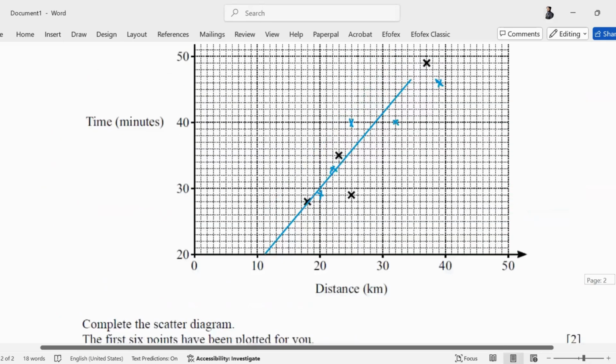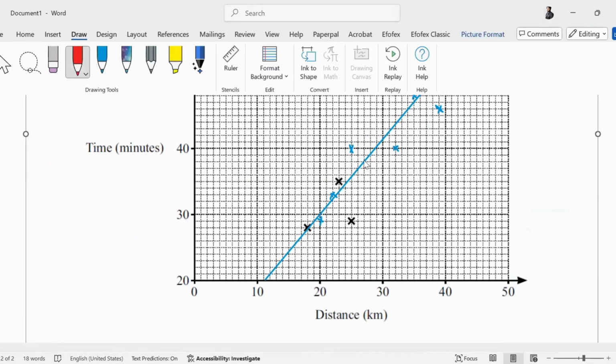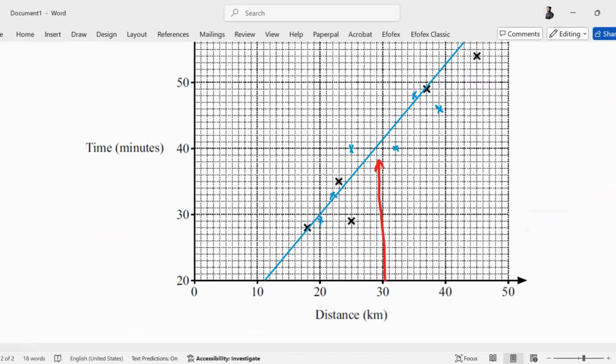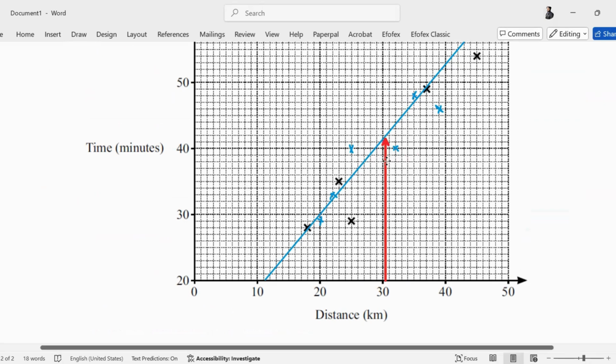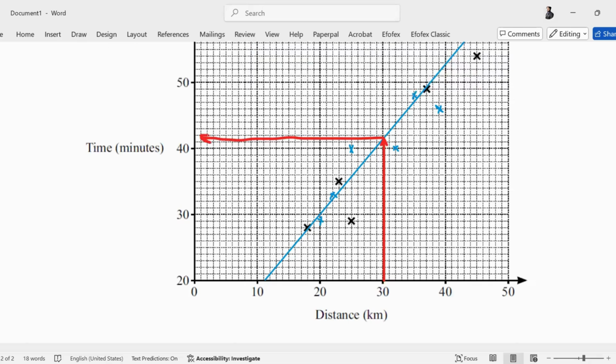So if they are driving 30 kilometers and we want to use this, for 30 kilometers, the time that they will take is basically somewhere around here, 41.5.